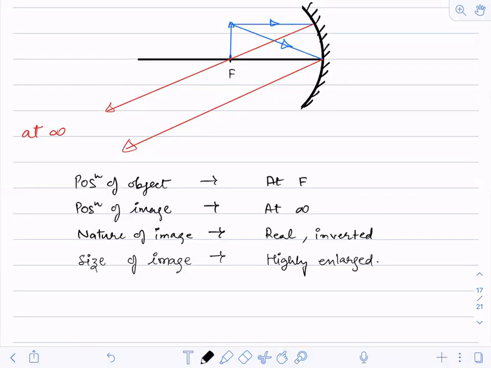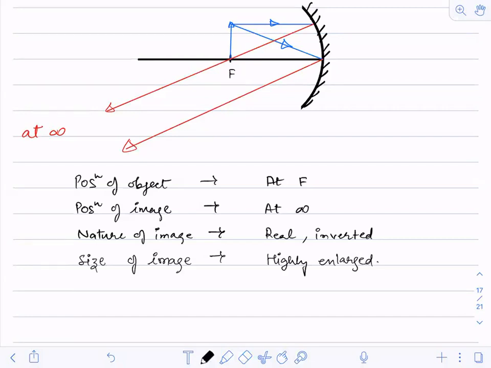Yes, Rajiv. In mathematics, in geometry, what do you study? The two parallel rays meet at... they, we assume that they meet at infinity.